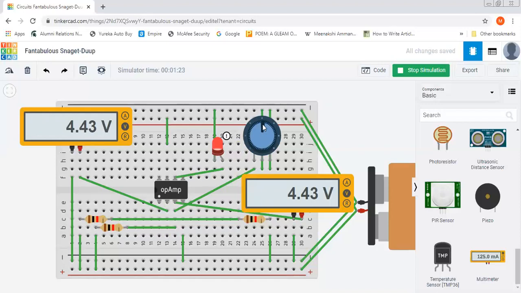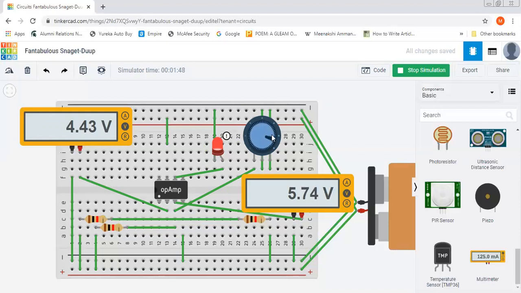And when this happens, immediately the LED glows. When voltage at both the terminals of the op-amp, inverting and non-inverting, are the same, then the LED glows.